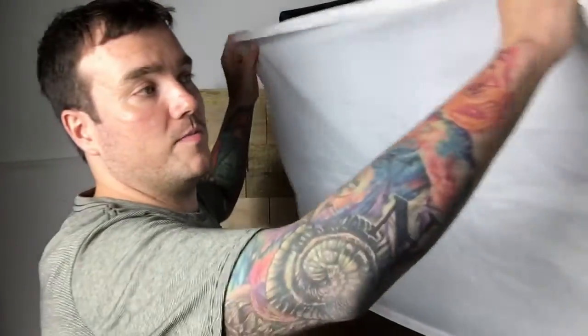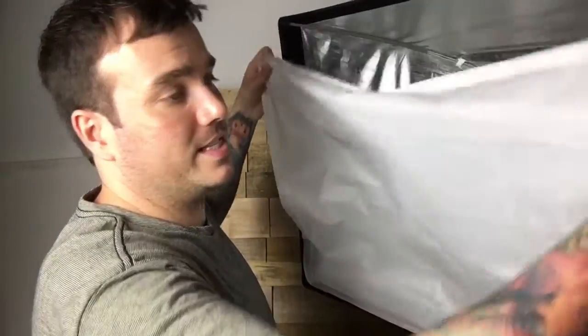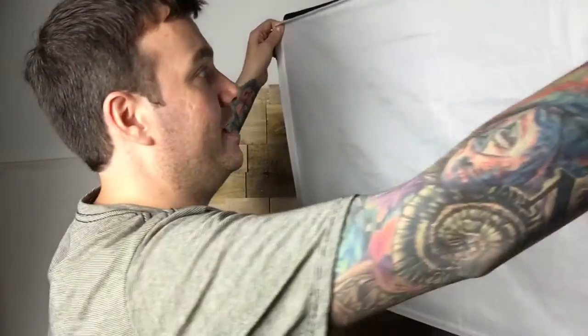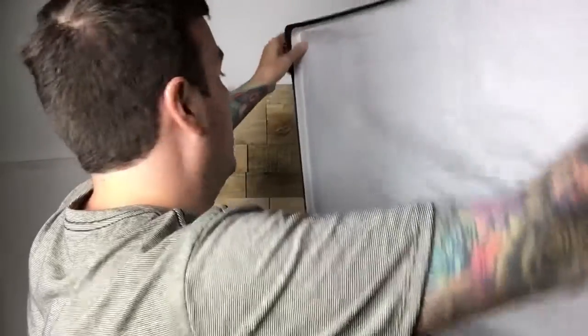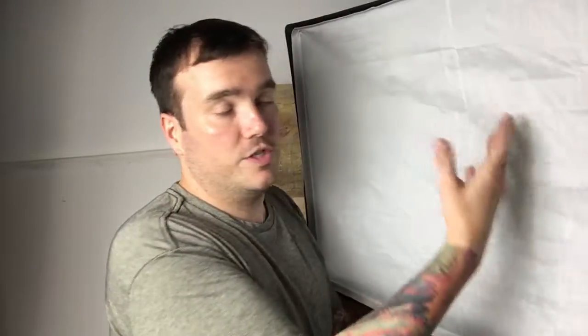The softbox itself also has this soft diffuser, which is basically a very slightly transparent material. So when I put this in front, now the light's not only hitting the back, bouncing forward, and getting softened a little bit that way, but it's also going through this material, which is softening it a little bit more. So now when it hits my subject, whether it's clothes or whatever it might be, it's going to be a little bit more flattering.